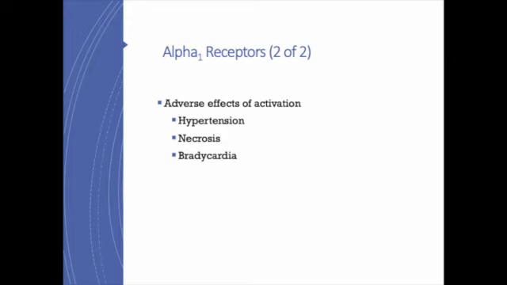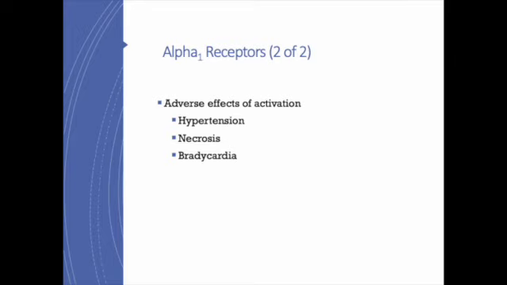And if this extravasation occurs, then that area can be infiltrated with an alpha 1 blocking agent to stop this from occurring. This will counteract the alpha 1 mediated vasoconstriction and help minimize the injury.